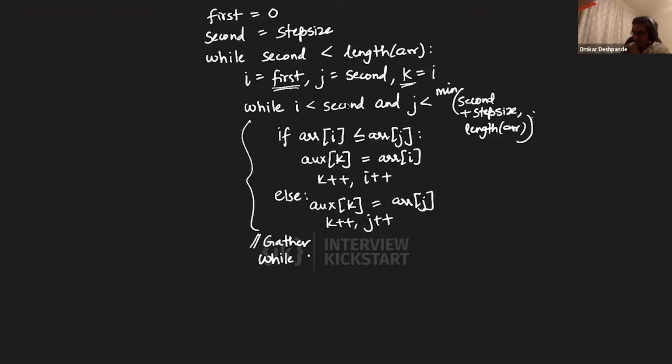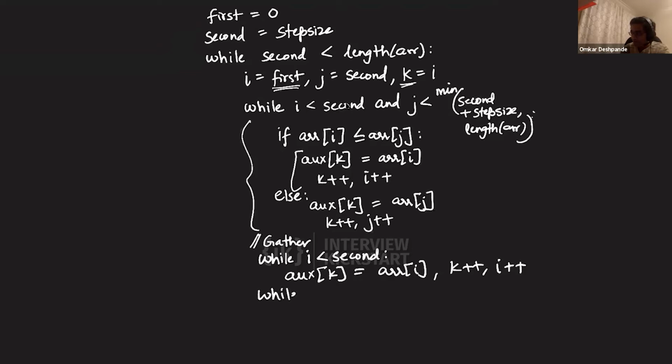Like while i less than second, suppose the i pointer is still within the legal bounds of its subarray, I'll do the same thing that I was doing in the body of the condition here. So gather up the i values and increment k and i.